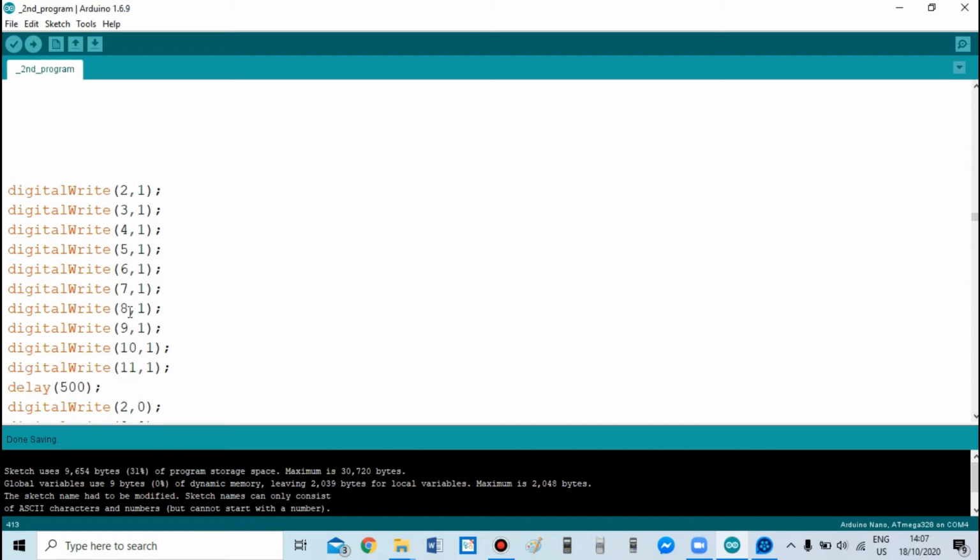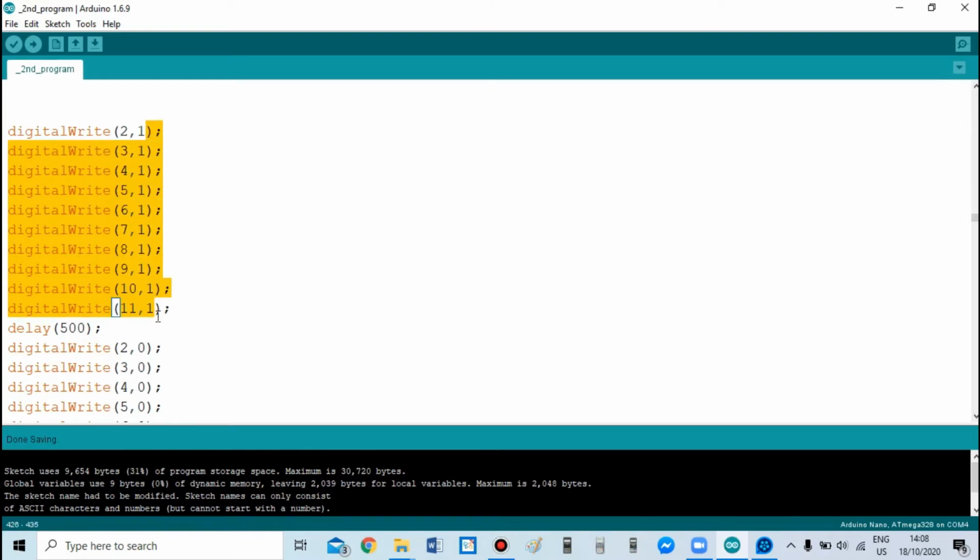So in the loop part, I start the second part. In this part, the 2 number pin is high and the 3 number pin is high. You can see that pins 2, 3, 4, 5, 6, 7, 8, 9, 10, 11 are all high, and this process continues for about 15 millisecond.